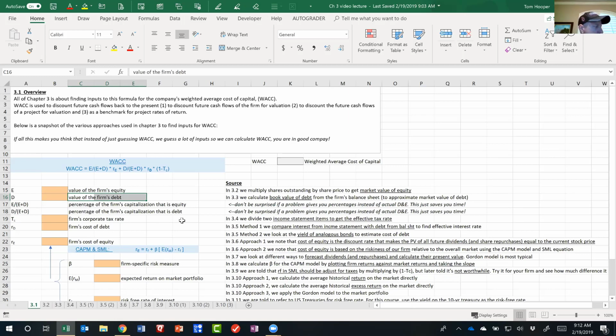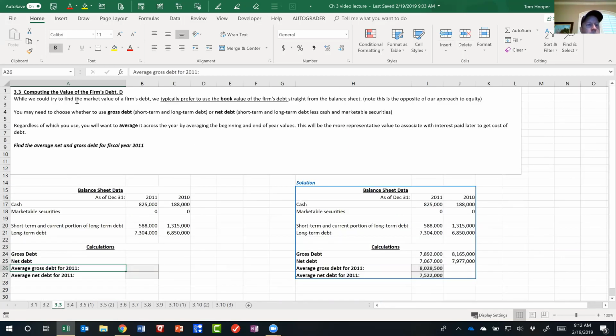I think that's the words they use in section 3.1. But when you go through section 3.3, where they talk about the value of the firm's debt, it's all about book value. And so they go to the balance sheet and they look at book value, and then they calculate the debt from that. So that's not a market number, even though section 3.1 said it would be.